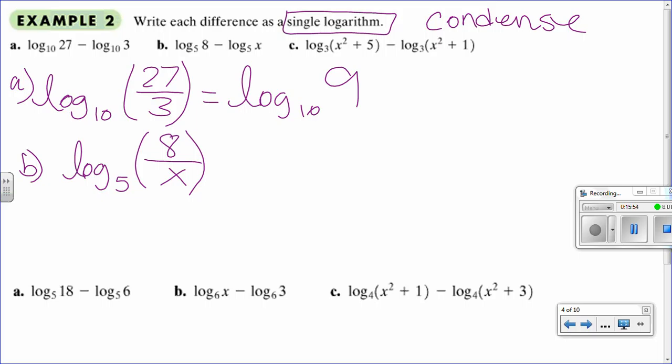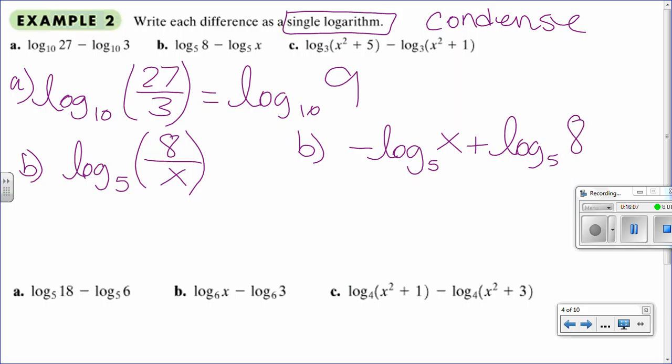Now I want to ask you guys a question. If problem B was stated this way, should I still write the 8 on the numerator or the denominator? What do you guys think? It's a tricky question. So actually the answer will be the same.